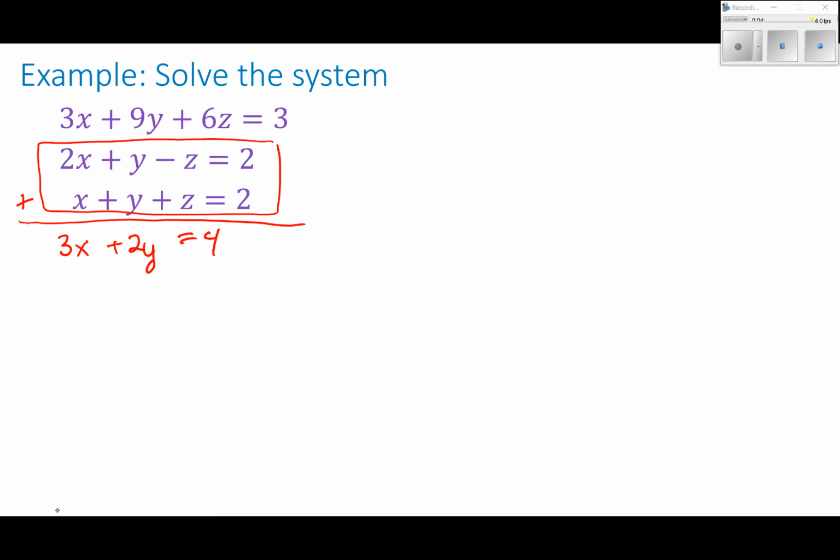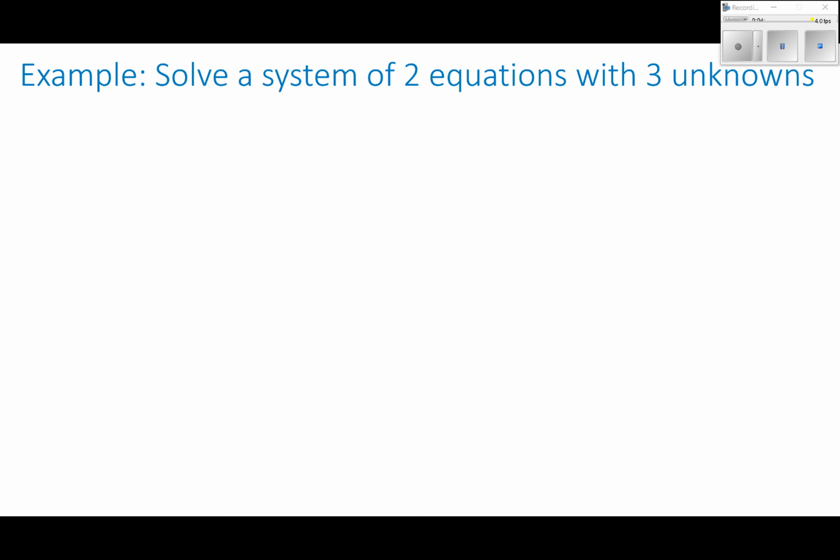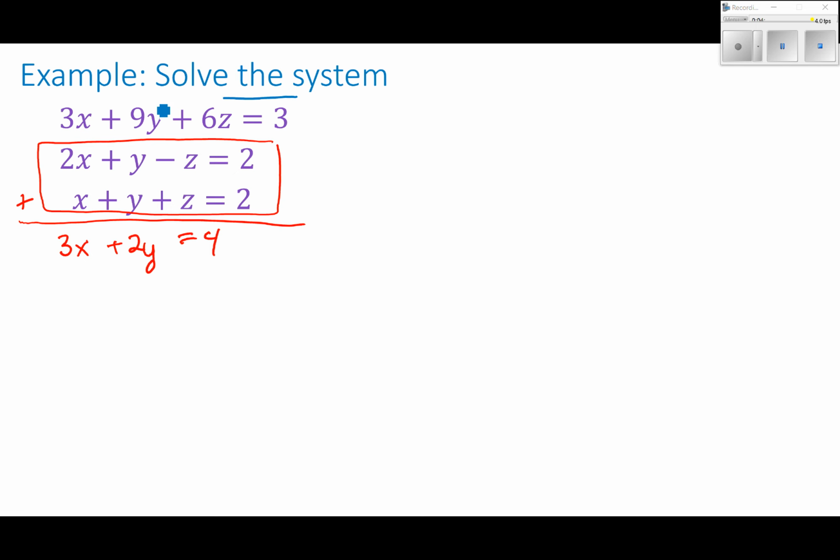Well, now I also want to focus on eliminating z from the top equation. All right, so if I want to eliminate z from that top equation, I could focus on these two and figure out, well, how can I eliminate z from those two?